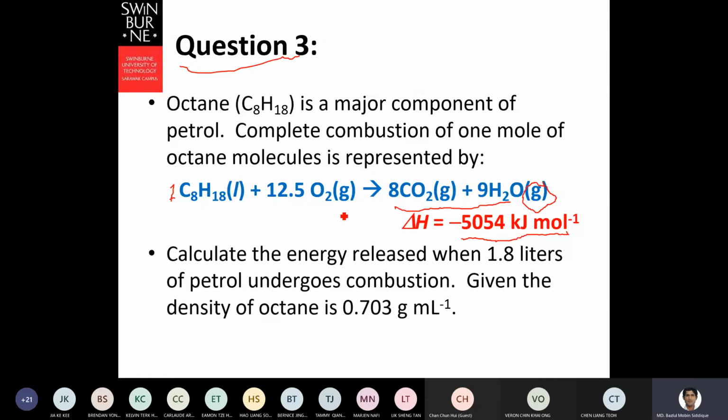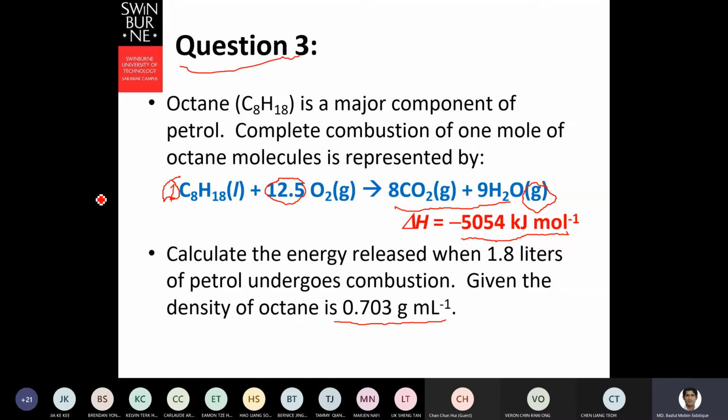And this question is saying: calculate the energy released when 1.8 liters of petrol undergoes combustion, given that the density of octane is 0.703 gram per milliliter. One thing, if you are environmentally concerned, have you noticed that 1 mole of octane is reacting with 12.5 moles of oxygen?